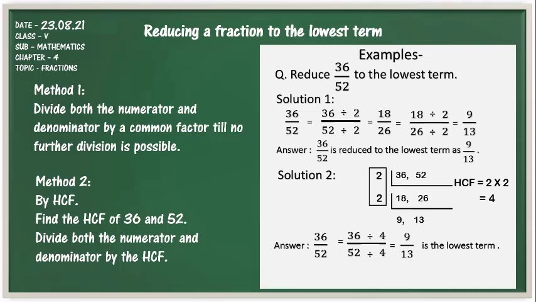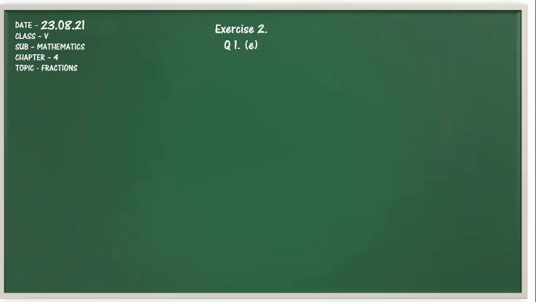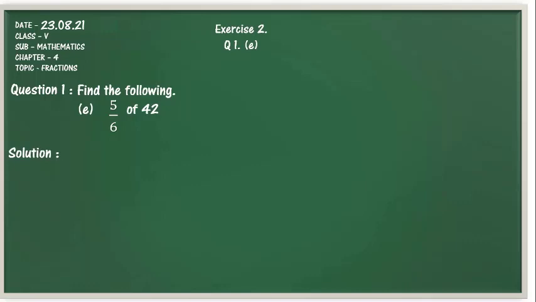Let's try to understand all the topics by solving some questions from the exercise. Exercise number 2, question number 1E. Find the following: 5 by 6 of 42. So, the solution for this: first we need to divide the whole number by the denominator.